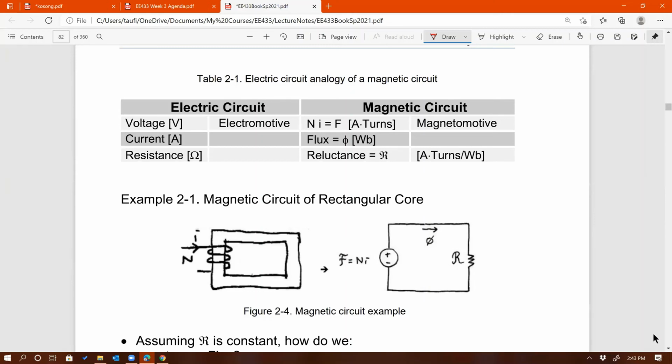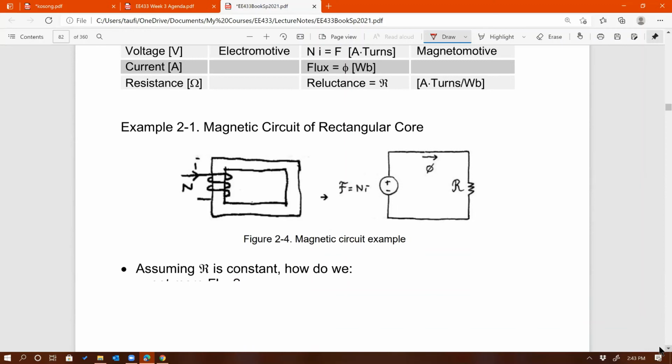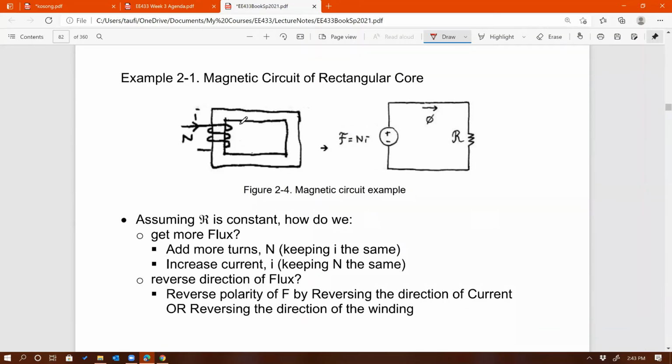But what if you have a magnetic circuit? Right here is the magnetic circuit, and here's the electric circuit analogy of it. That's your MMF right there. Using this fancy letter F, MMF is equal to N times I, and then you see flux, which is analogous to the current in the electric circuit, and reluctance, which is analogous to resistance.